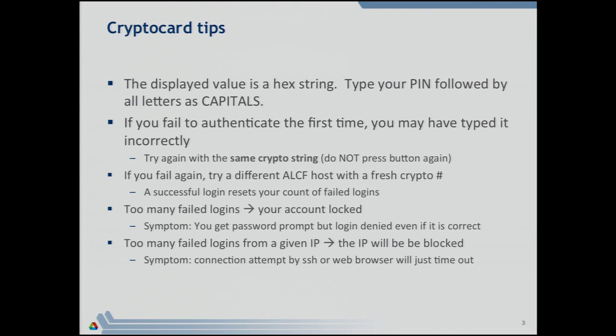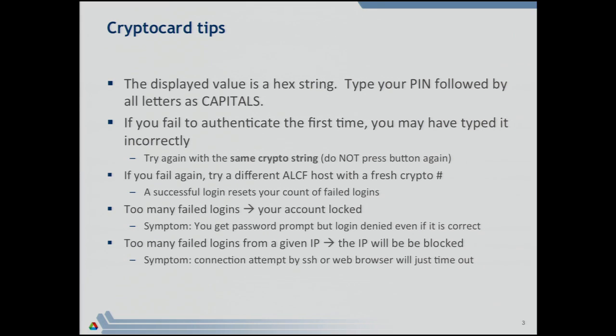And then suppose your second try fails. What I'd recommend is to try a different ALCF machine, just on the basis that there may be something going on with that particular host. So suppose you tried to connect to Vesta and you tried twice and it didn't work.